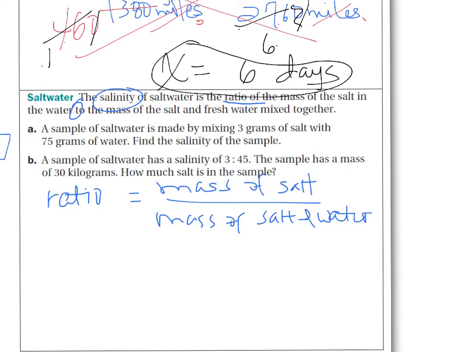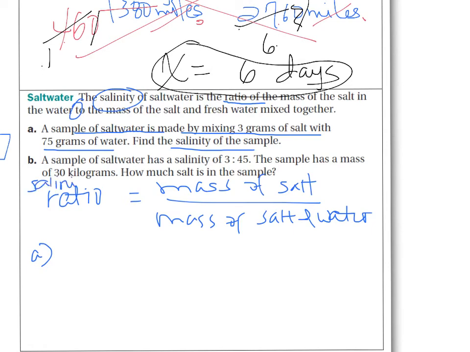Okay, so let's see what part A wants you to do. A sample of salt water is made by mixing 3 grams of salt with 75 grams of water. Find the salinity of the sample. Recall from the word problem that the salinity of salt water is represented by this ratio.